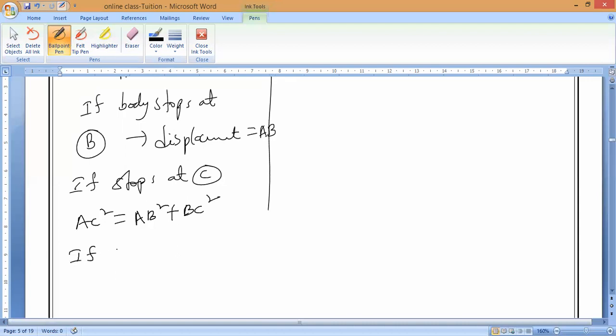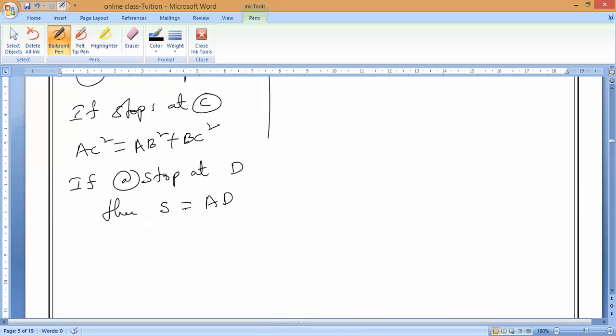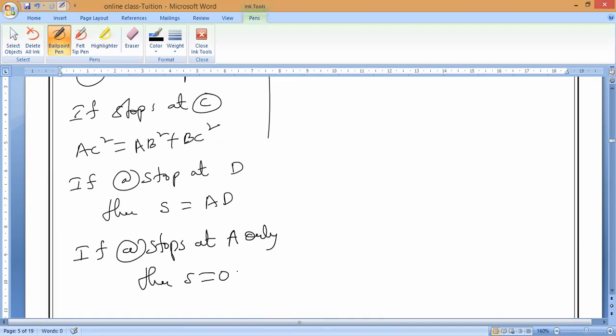If it stops at D point, then displacement is equal to AD. If it stops at A only, then displacement is equal to 0 meter.